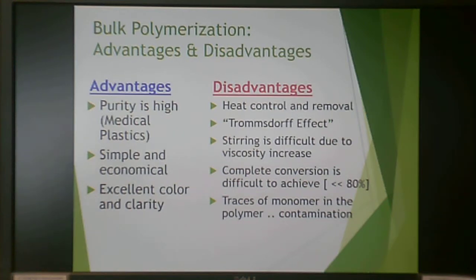Now the disadvantages. You only have monomer and catalyst at the beginning. You don't have any water or solvent or anything else to control that heat and remove it. And this can cause autoacceleration, also known as the Trommsdorff effect. That is basically uncontrolled heat buildup that gives you a runaway reaction.